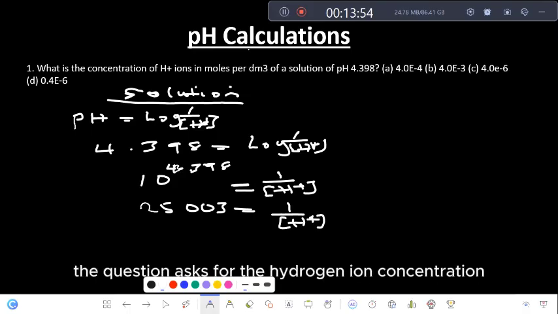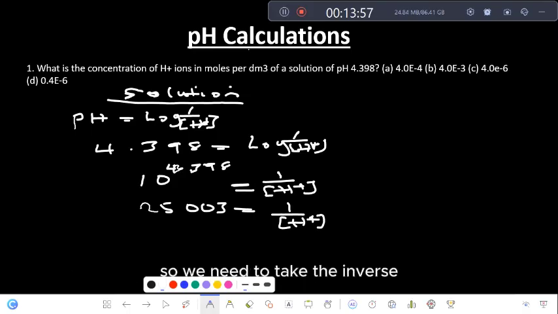Now the question asks for the hydrogen ion concentration, so we need to take the inverse.